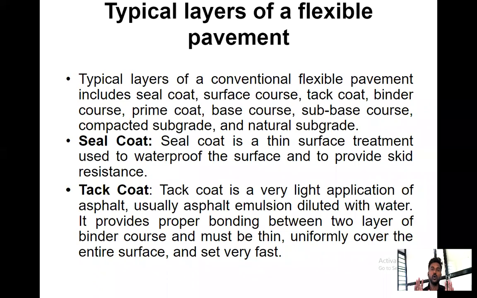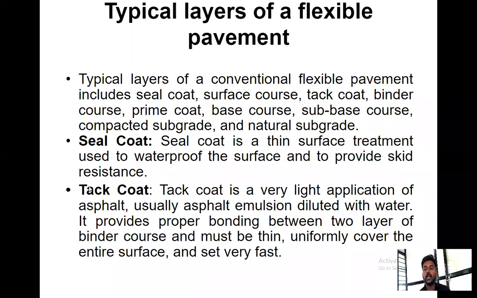You should know that. At the top, there is the seal coat, then the tack coat, then the prime coat. At the top there is the surface layer, then the binder, then the base layer, sub-base layer, subgrade layer, natural grade.